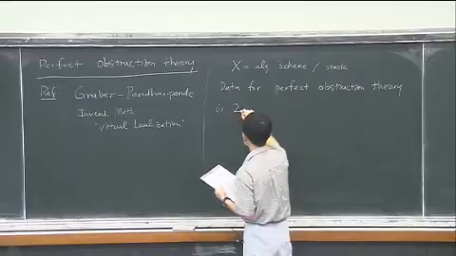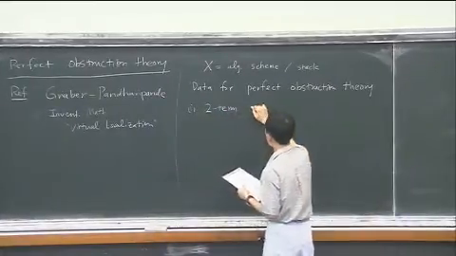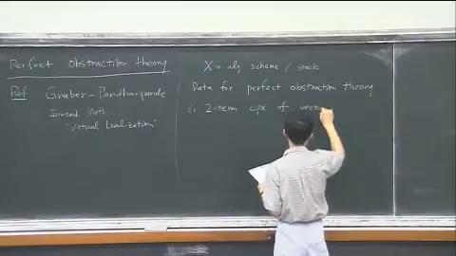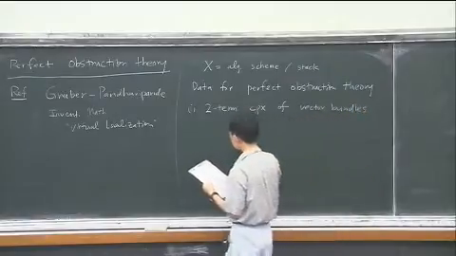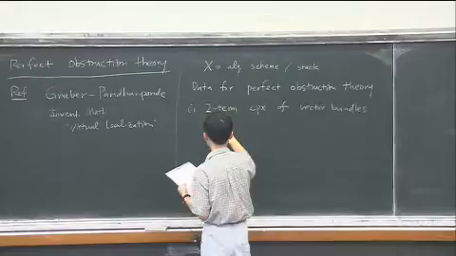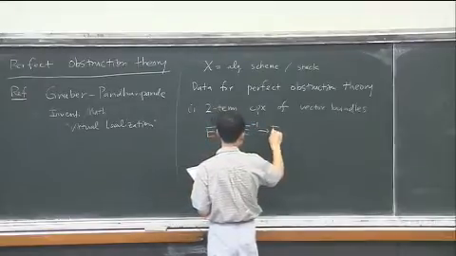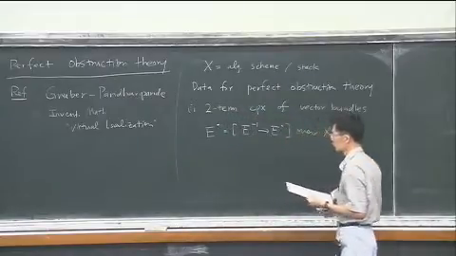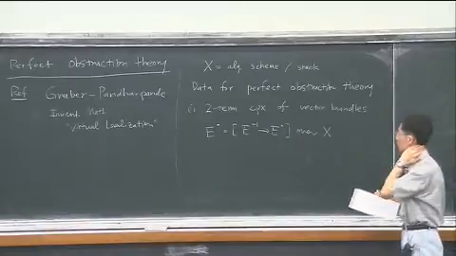First is a two-term complex of vector bundles over X. So on X, you have a two-term complex of vector bundles.